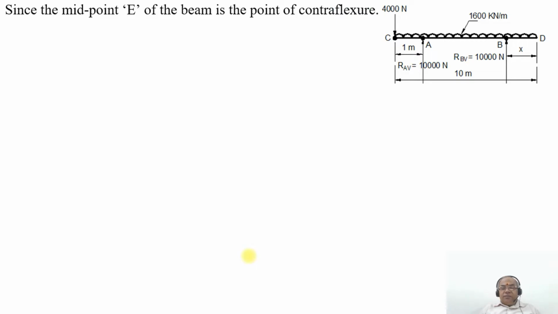Since the midpoint E of the beam is the point of contraflexure, the bending moment at the point E will be equal to 0.